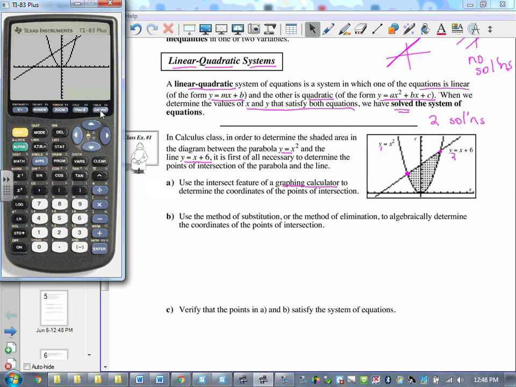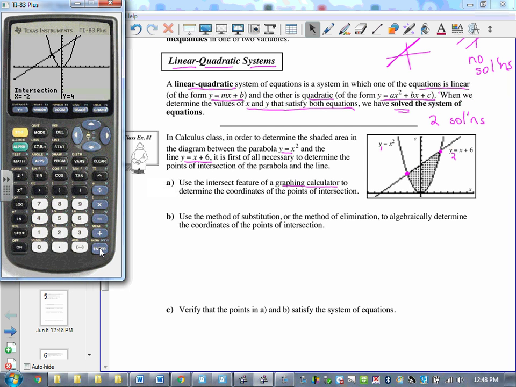And we're graphing. Looks like this is in our window. Their window is a little bit different, but we can see our 2 solutions. So now what do we do? Second trace, option 5. Then we can move over to our first solution and press enter, enter, enter.